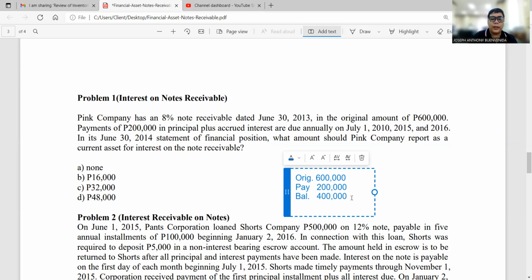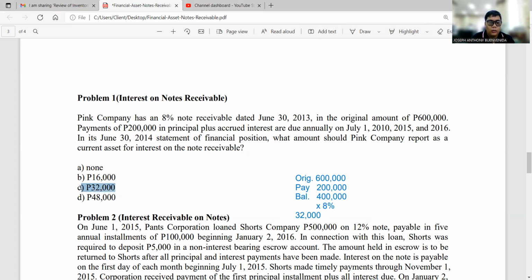Simple mo lang, multiply mo na siya by 8%. So pilang answer? 400,000 times 8%. So the accrued interest is 32,000. Okay, so letter C.